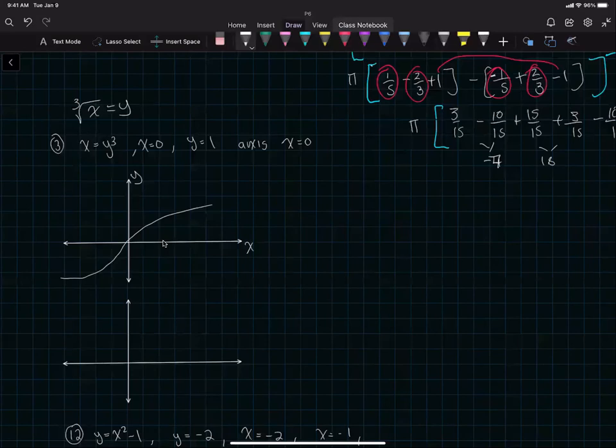So now I have to use my second key information that I have here. So y is equal to 1. So y equal to 1, let's go ahead and put it over here. So this will be my 1. And then I'm bounding it by the y-axis and my y equal to 1, which is here. So all I'm interested in is this part.